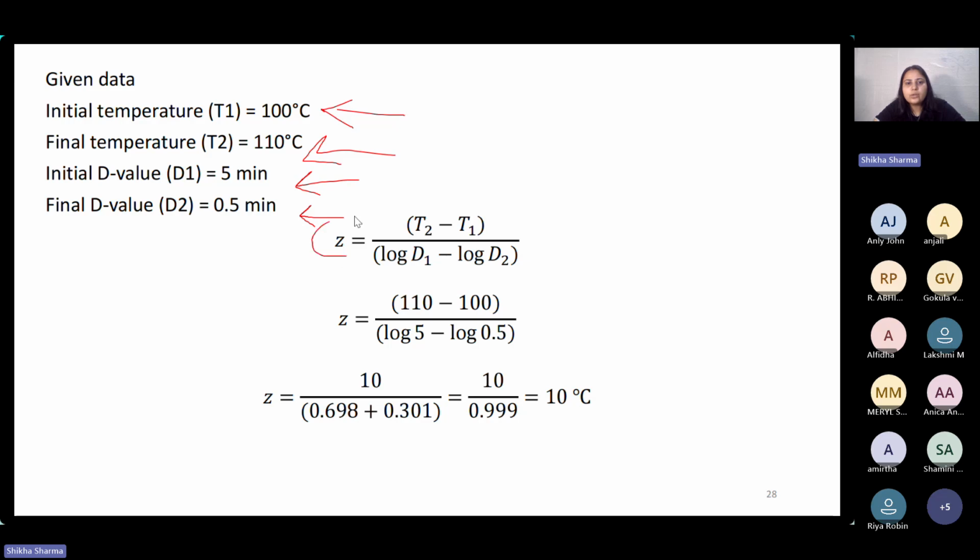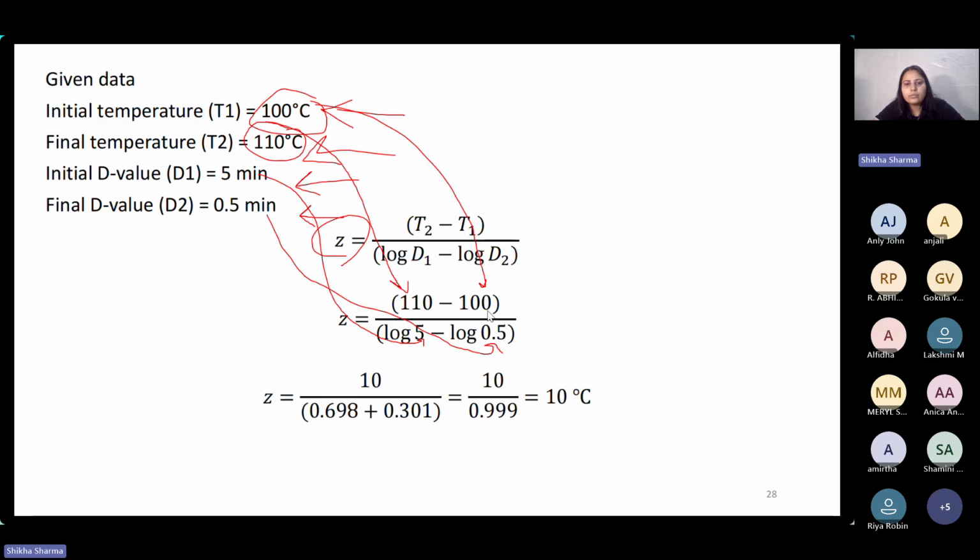Z value will be T2 minus T1 upon log D1 minus log D2. So 110 minus 100, divided by log 5 minus log 0.5.